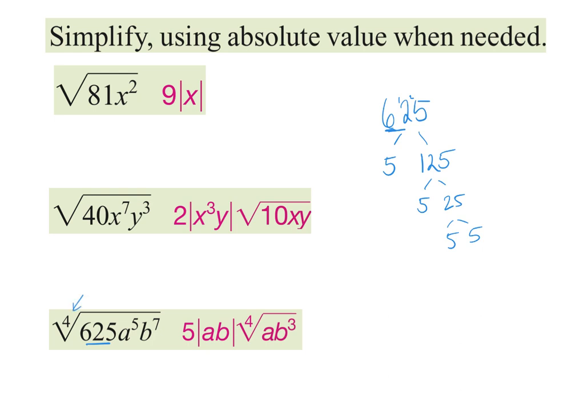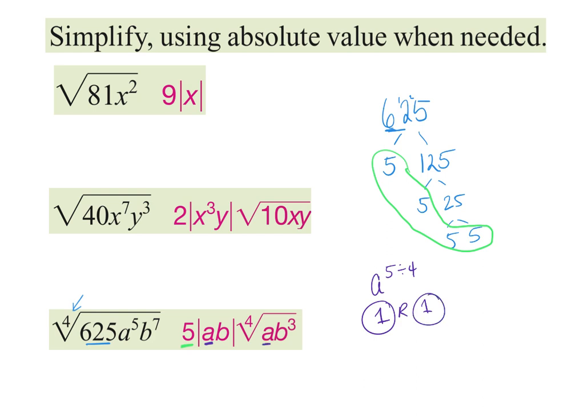And I am looking for groups of 4, which this is a perfect 4th root, 5. That's where this 5 comes from. Then I'm going to look at my variables. I have a to the 5th power, and I'm going to divide that by 4. That is 1 with the remainder of 1. So I have 1 a that came out, and 1 a that stays in right there.